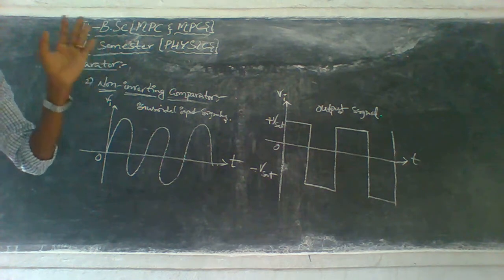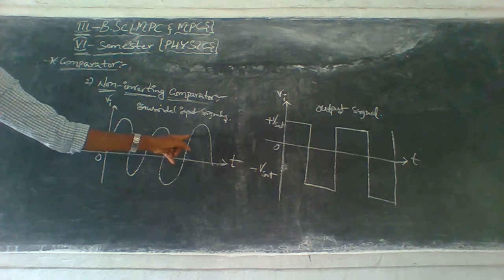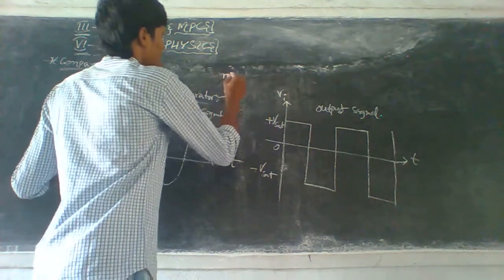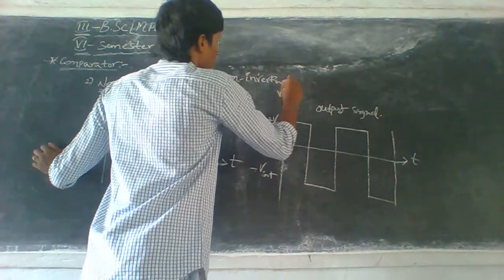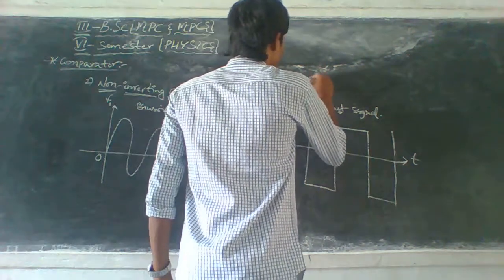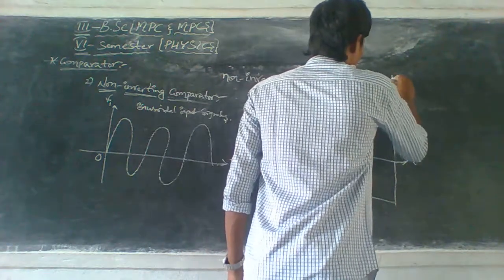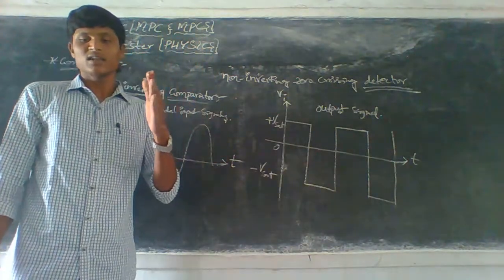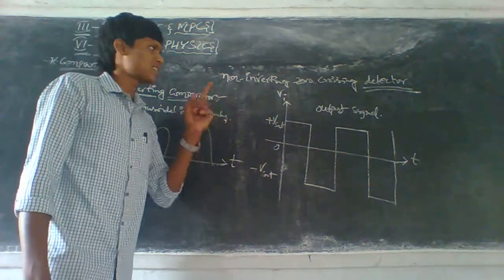Hence the above circuit is called a non-inverting zero crossing detector.